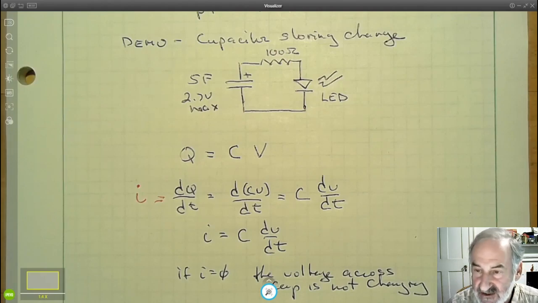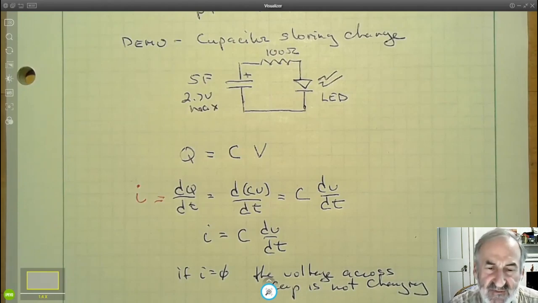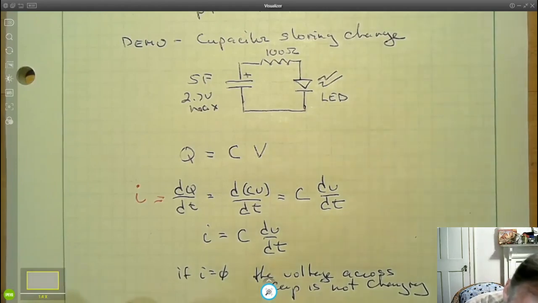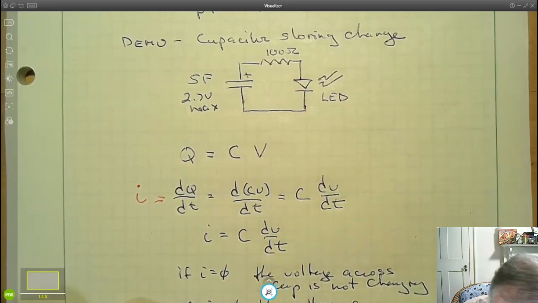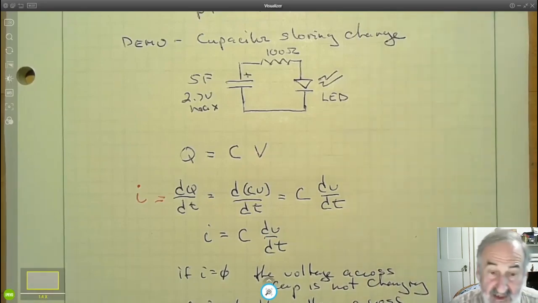Now that's true of an ideal capacitor. Real capacitors have some losses, and if you leave them long enough they'll self-discharge. But for the most part, a capacitor will hold its voltage. If I does not equal 0, the voltage across the capacitor is changing. And that's important.